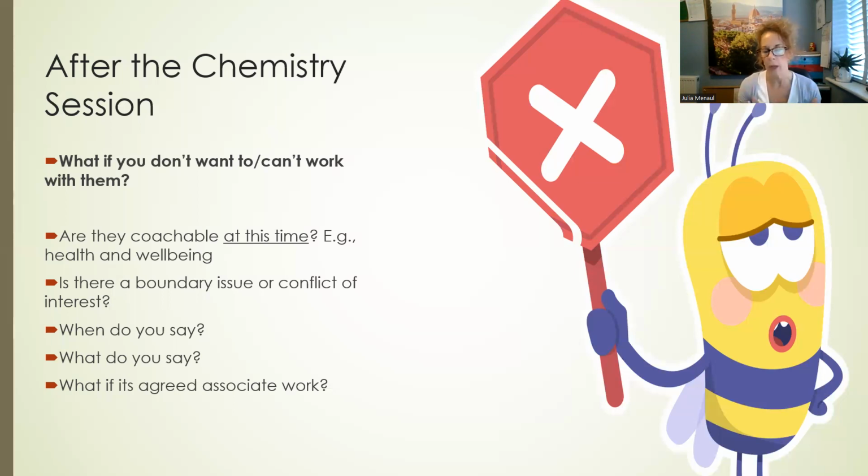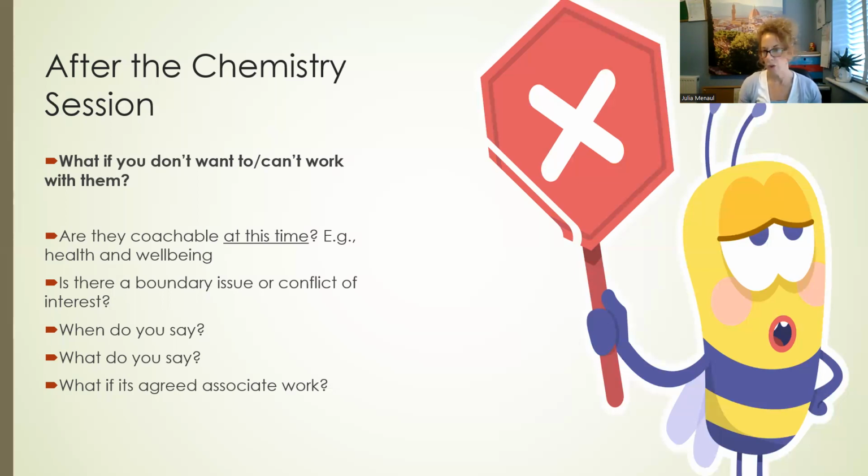And you might be restricted on how much you want to ask them in a chemistry session. And you may find out more about them in session 1 that may preclude you working with them. But the more you find out about them at the chemistry session, the better you are able to think about, are they coachable at this time? And I've underlined at this time because we all might have scenarios where this isn't a really good time to be starting coaching.